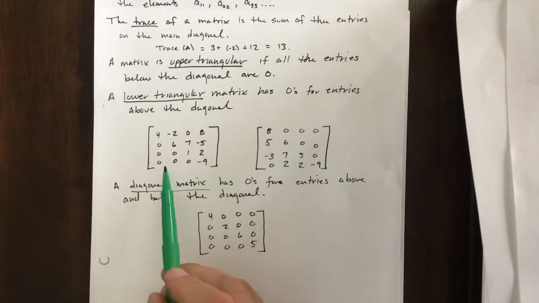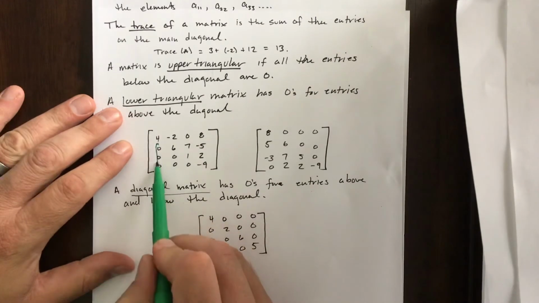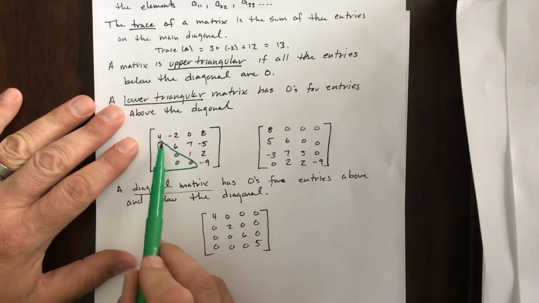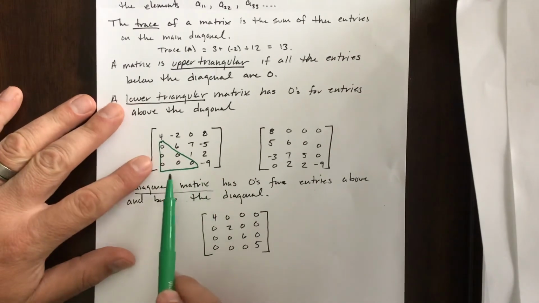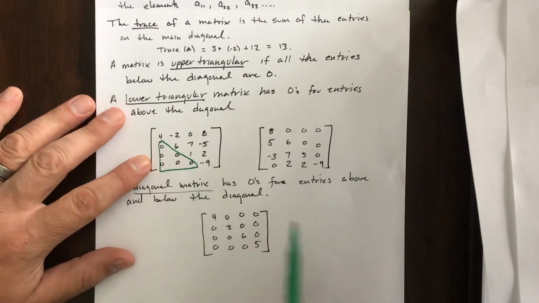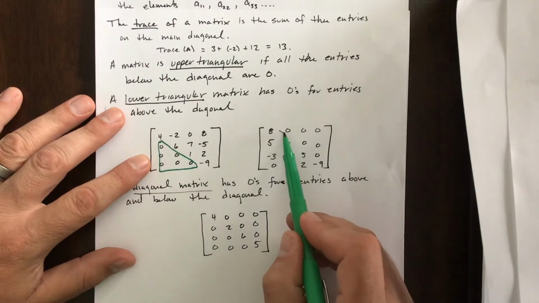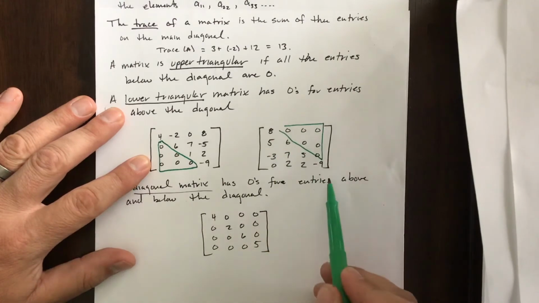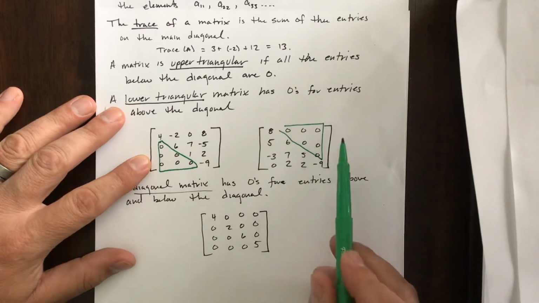So this is lower triangular because on the main diagonal, 4, 6, 1, negative 9, all the entries above it are 0. This is upper triangular because on the main diagonal, 8, 6, 5, negative 9, everything below those entries is 0.